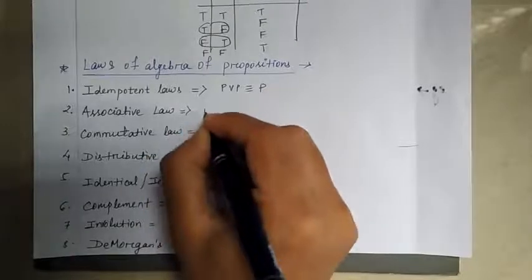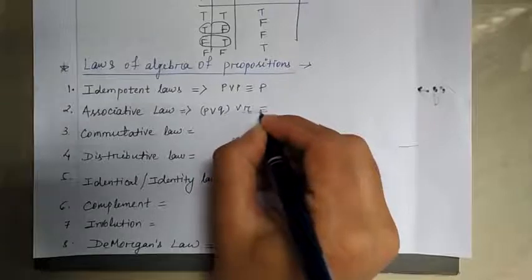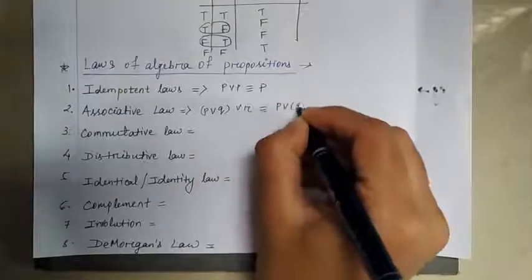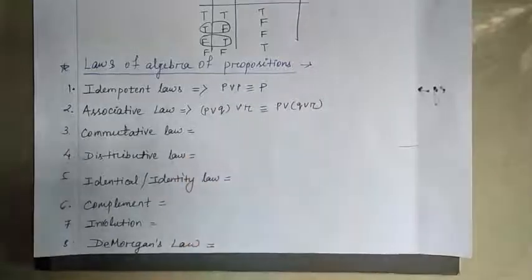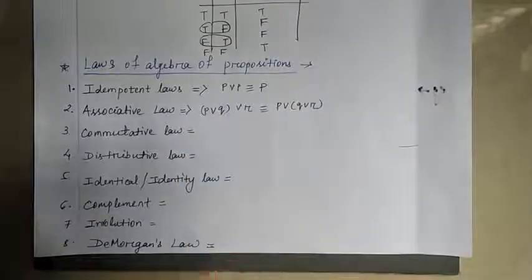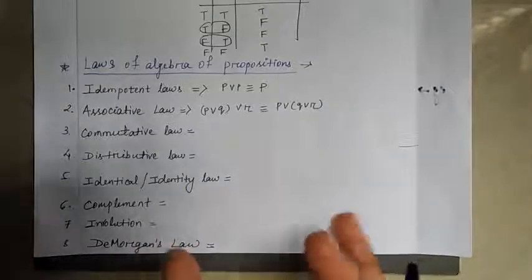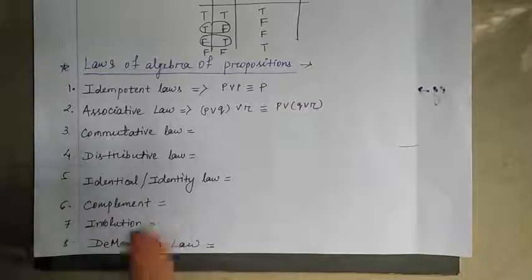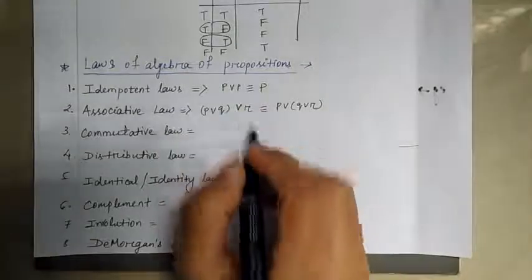Then associative law is P or Q or R is equivalent to P or Q or R. So you can see the bracket. According to maths, whatever the operator precedence or whichever has higher priority, we always go for the bracket according to the BODMAS rule. We always go to the value inside the bracket.